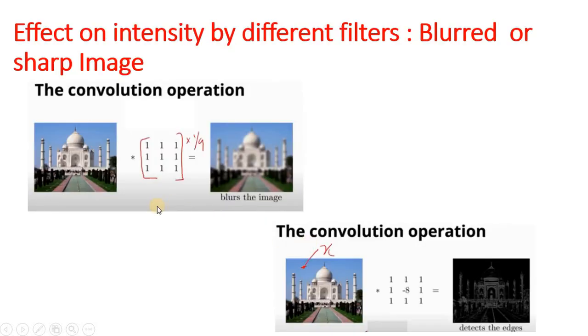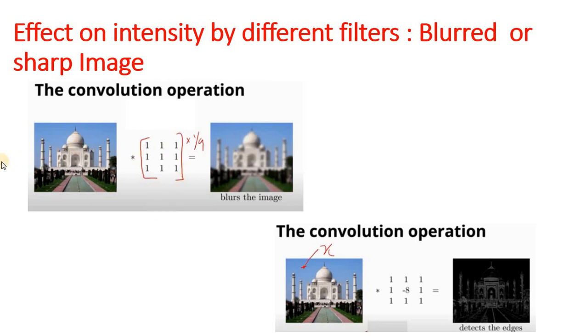Now, the effect on intensity by different filters can be explained like this: the intensity variation when you put different kernels can be understood.